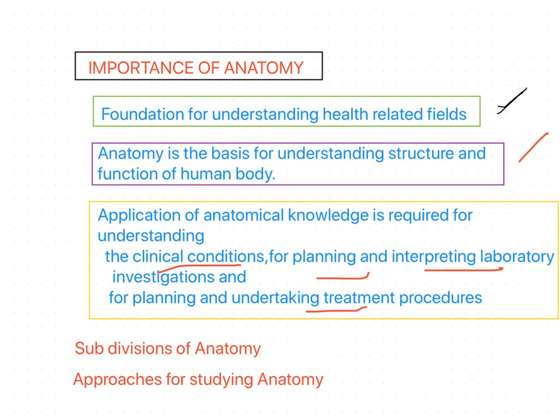In microscopic anatomy, we use a microscope to study the cells and tissues, how they are arranged inside an organ. Developmental anatomy helps to study the embryo, the development of the embryo.